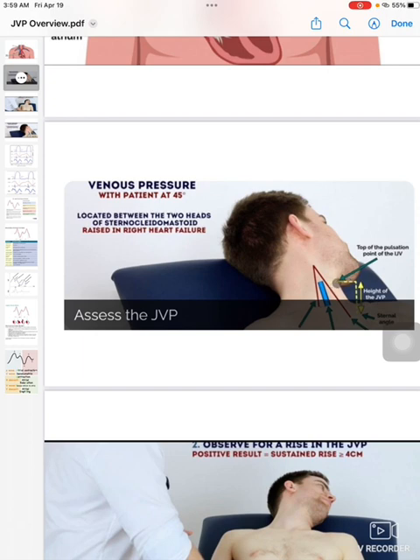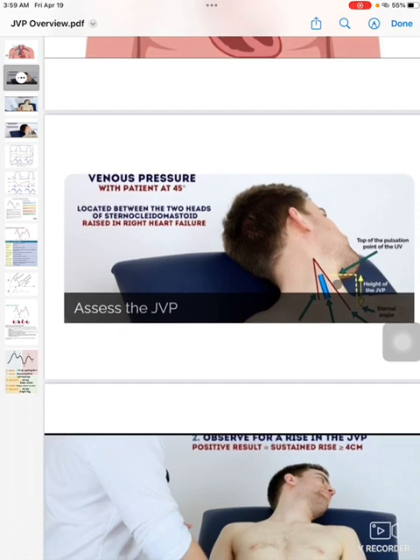Number three, inspect for the internal jugular vein running between the medial end of the clavicle and the earlobe under the medial aspect of the sternocleidomastoid. It may be visible just above the clavicle between the sternal and clavicular heads of the sternocleidomastoid.